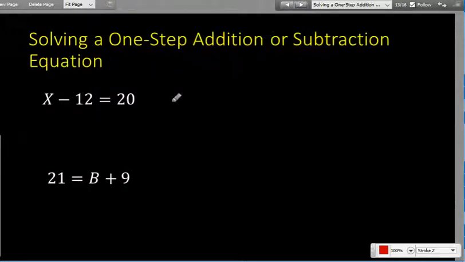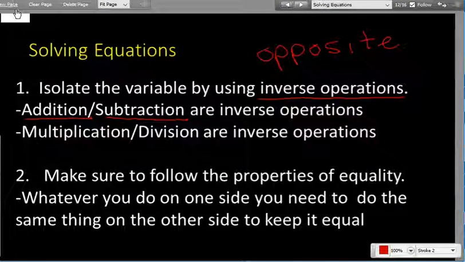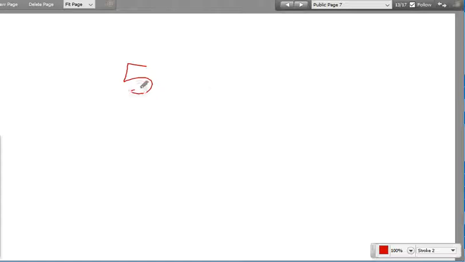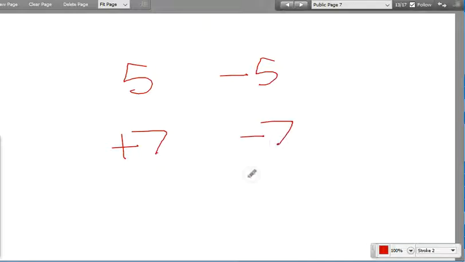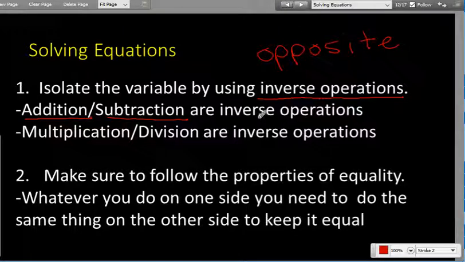For example, if you have a +5, the opposite of +5 would be a -5. If you have a +7, the opposite of a +7 would be a -7. If you have a -4, the opposite of -4 would be to add 4. Okay? So inverse operations, those are just opposite operations.